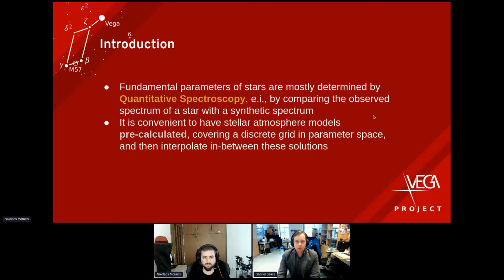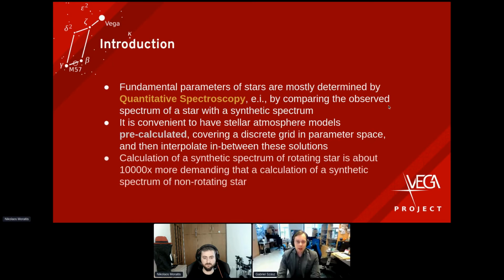So next, we would like to introduce something similar for rotating stars. And although you might say, okay, it doesn't necessarily need to be that complicated, in fact, doing the same thing for rotating stars introduces 10 times higher complexity into the problem.